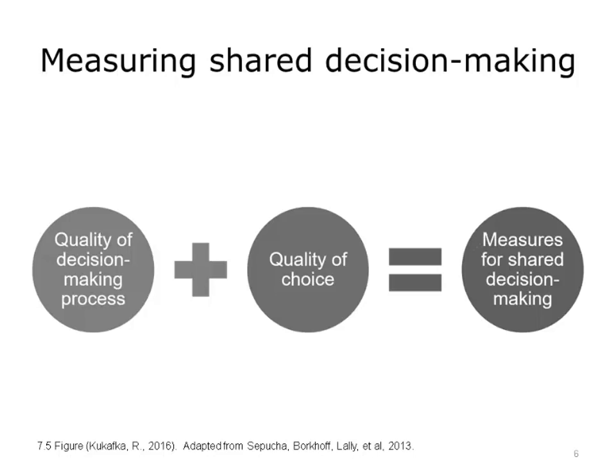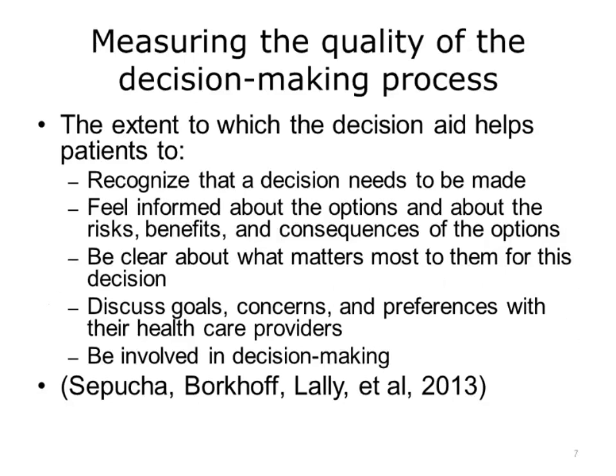To establish the effectiveness of a decision aid, it is critical to provide evidence that the decision aid improves both the quality of the decision-making process and the quality of the choice that is made, or what is known as decision quality. For the quality of the decision-making process, the measures include the extent to which the decision aid helps patients to 1.